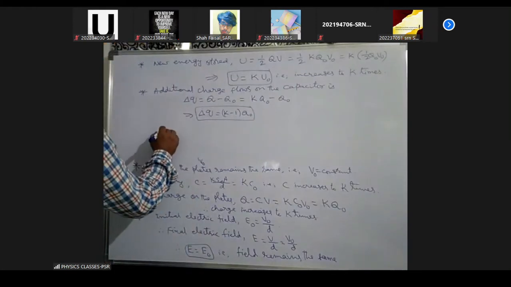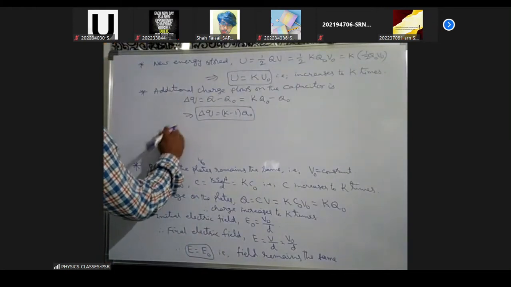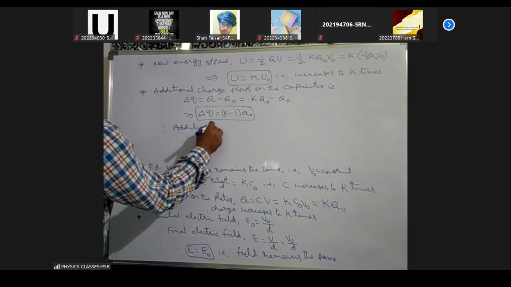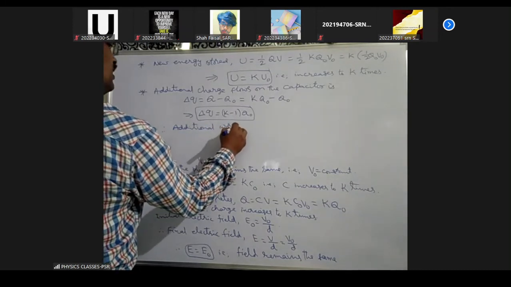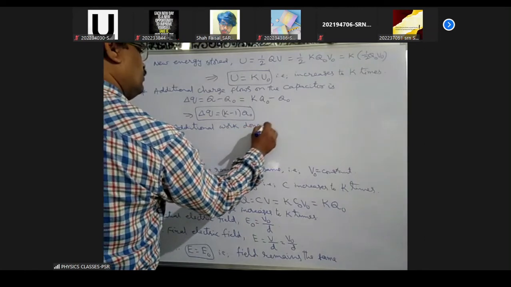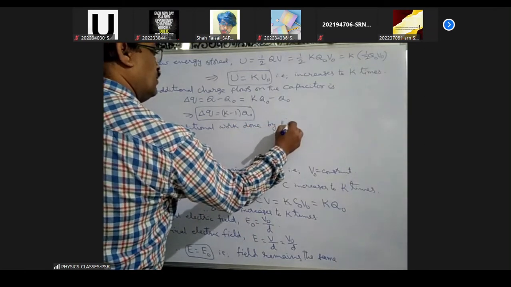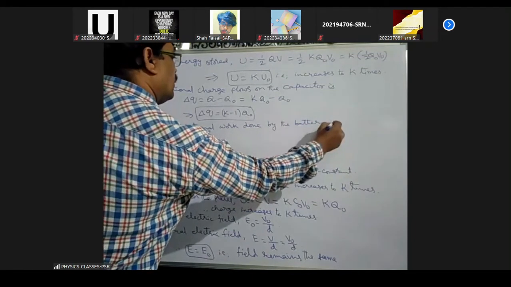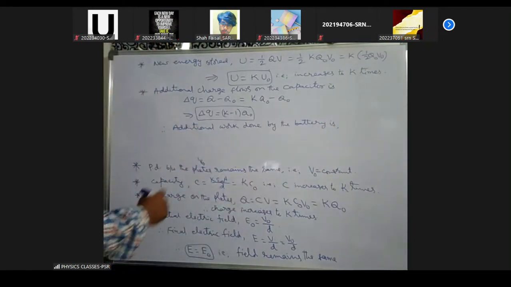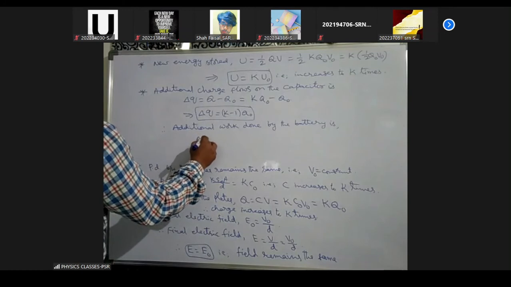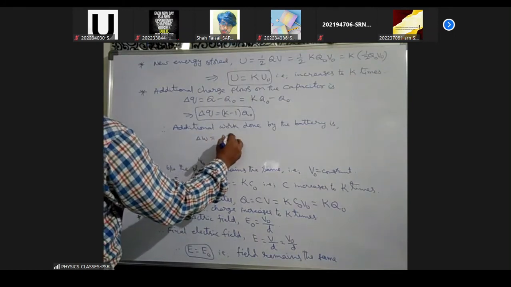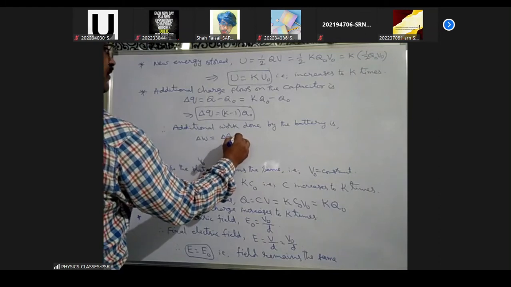So therefore, additional work done by the battery is delta W is equal to delta Q into V naught.